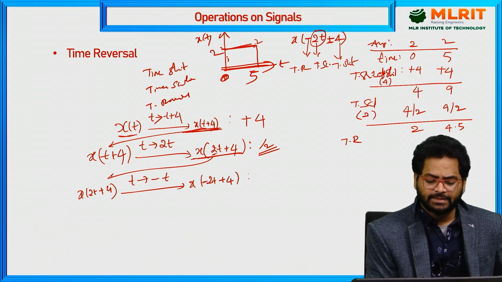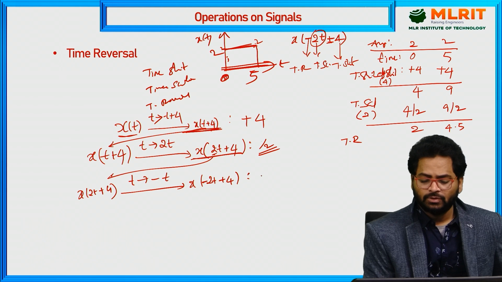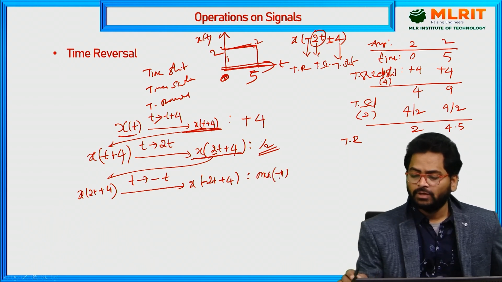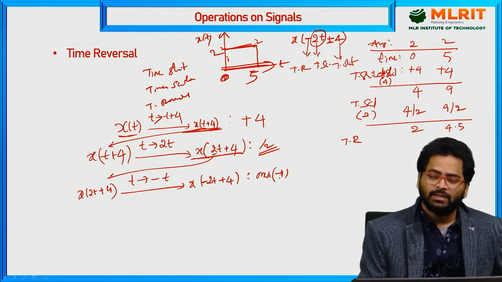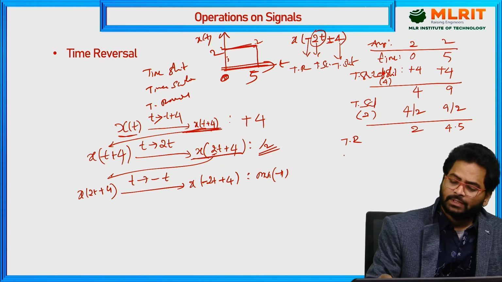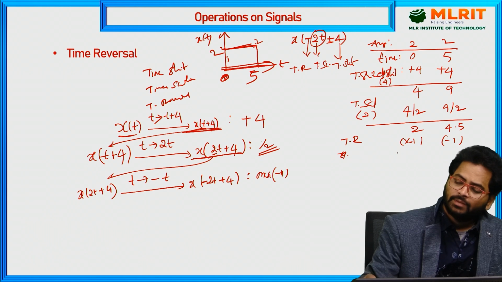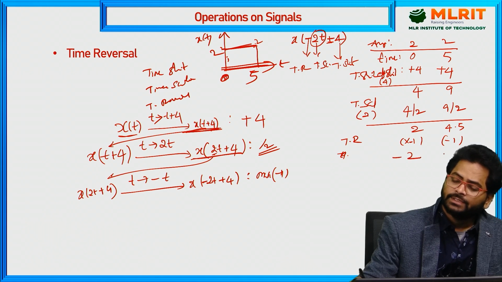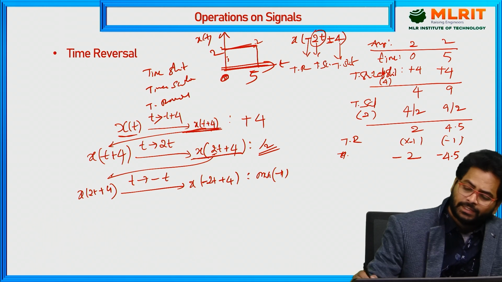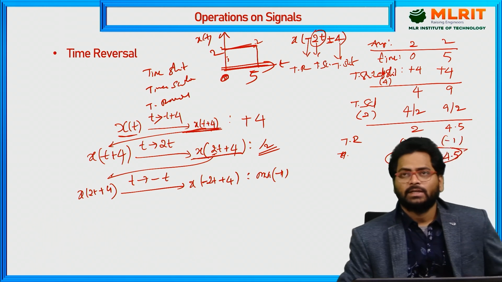Since the minus is there, you need to multiply all time axis values by minus 1. So your result must be minus 2 and minus 4.5. These are the time values we will have.